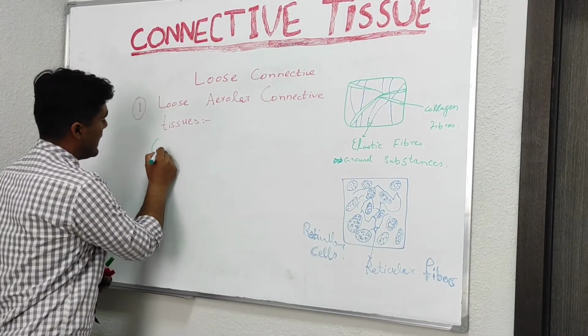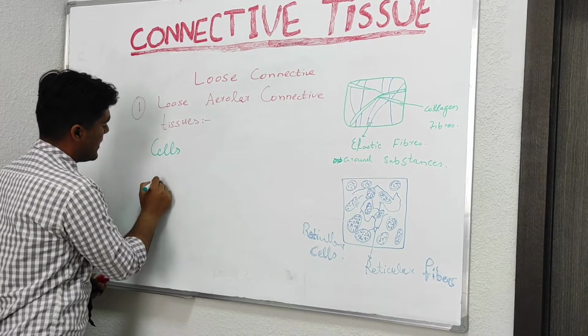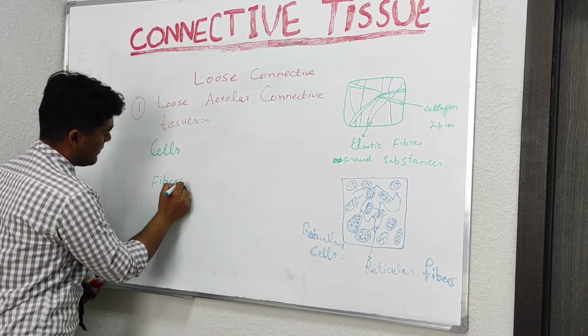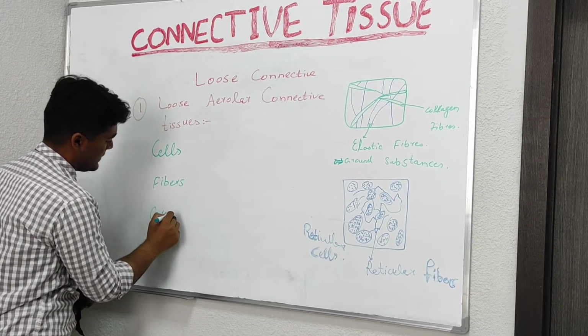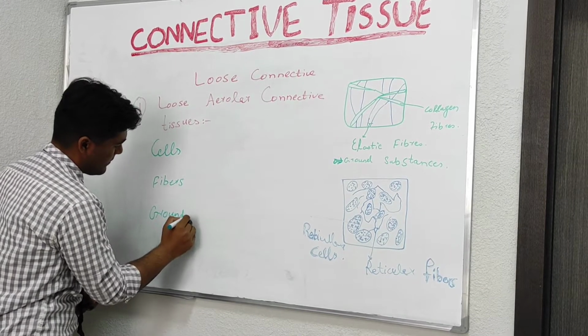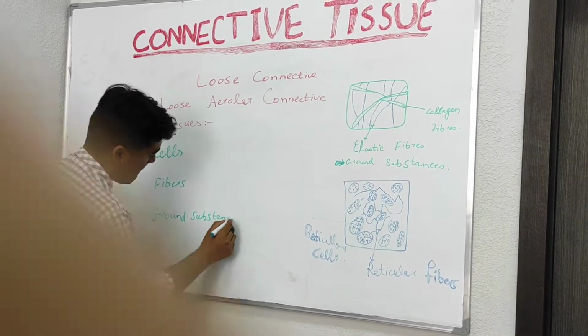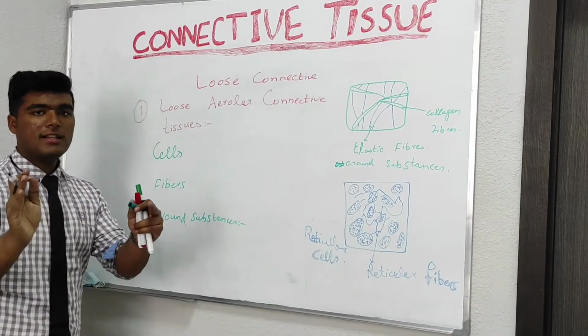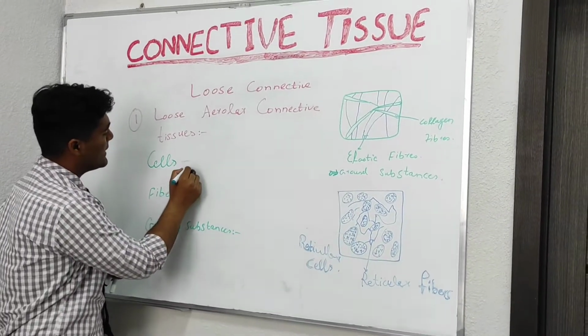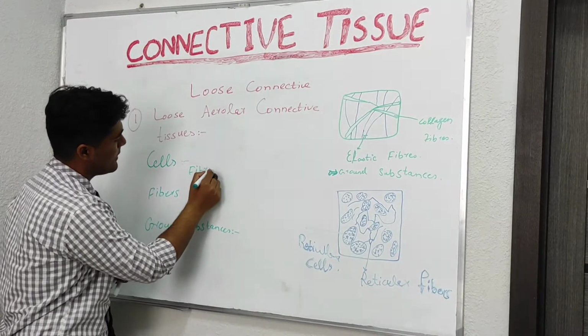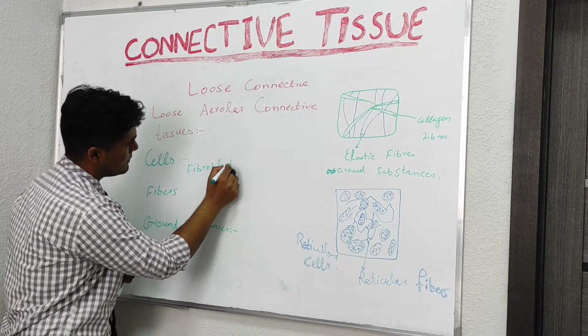These are cells, fibers, and ground substances. In cells, we have fibroblasts and histiocytes.